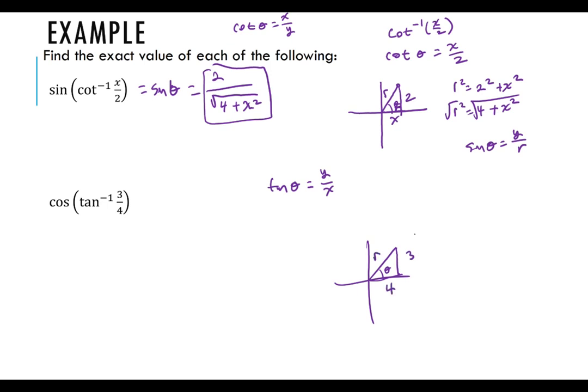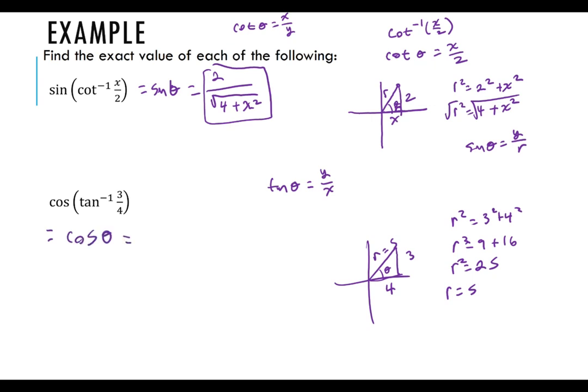Then I can find a radius where r squared is equal to 3 squared plus 4 squared, which is 9 plus 16, so r squared is equal to 25, and thus r is equal to 5. Well then, when I'm trying to find the cosine of this theta that we just measured, because that's really what this statement says, what is cosine of theta?